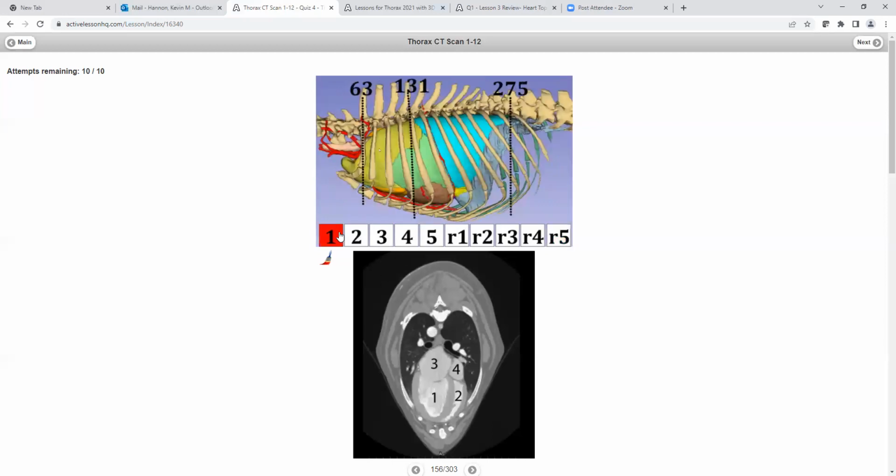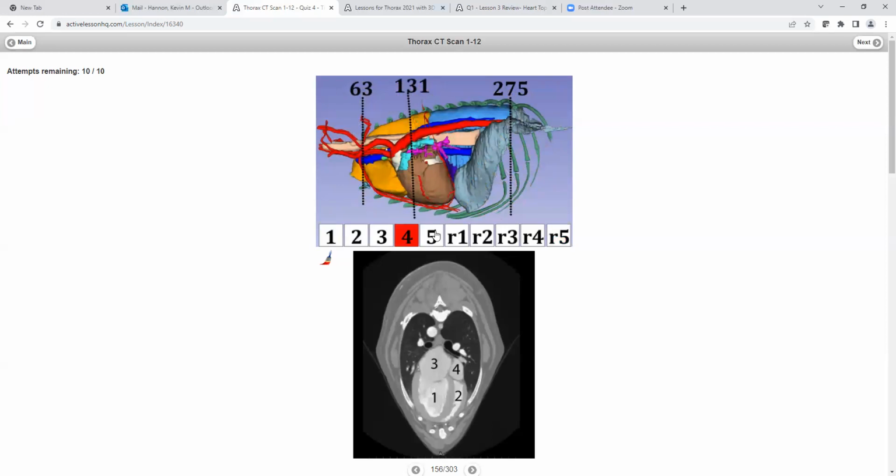So if I'm looking again at the left lateral view of the heart, we're going to say 156, the line is about right here. What chamber am I going to see on this very left side that would represent number 1? Well, it's going to be the left ventricle. Okay, so that's your rock. So now you know you have the left ventricle. What exists above that left ventricle? Well, it's going to be the left atrium. So number 1 is going to be the left ventricle.